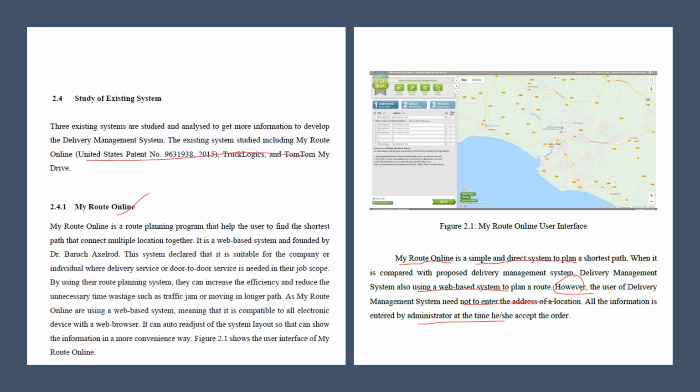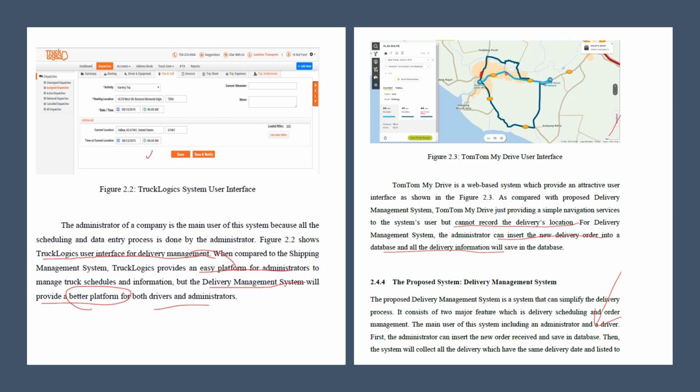So he investigated MyRoute Online, Tracks Logic, and also TomTom, and the user interface. This student studied these three that are similar to what he intends to do. So you need to find the system that is closely related to yours.